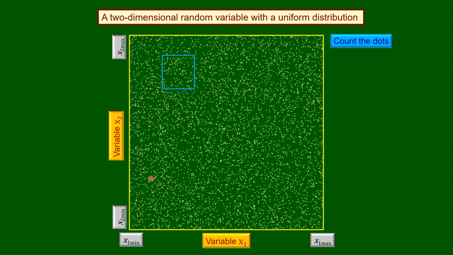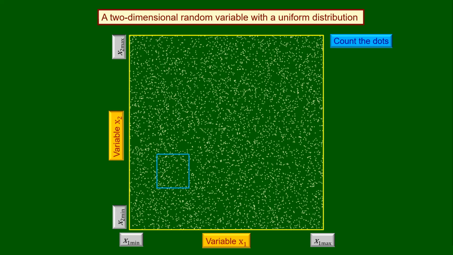I could construct a two-dimensional probability density function, this time taking both of these variables into account. So now I'm looking at the joint probability density function of x1 and x2, and this time I'm counting dots within squares.